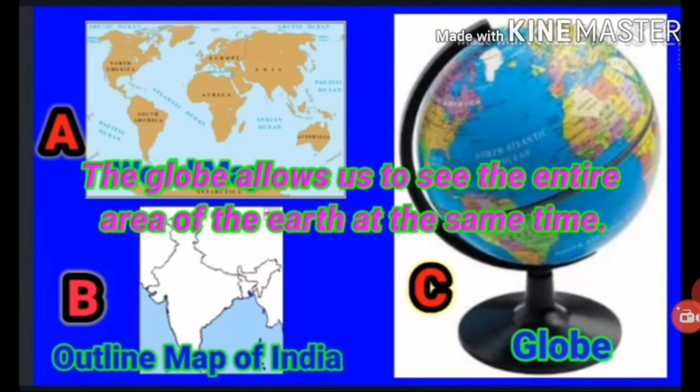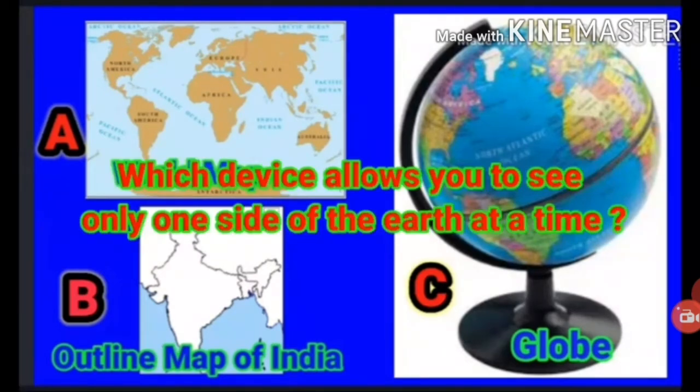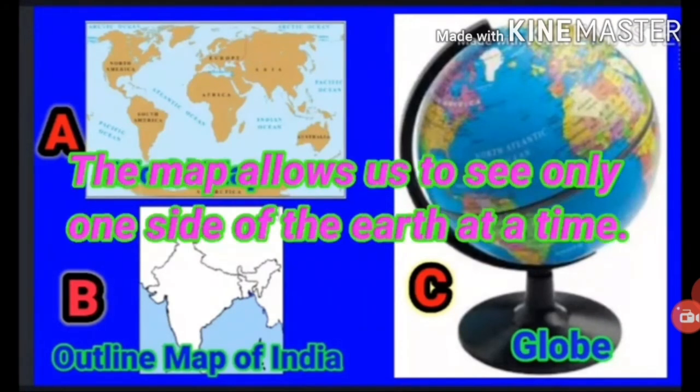The globe allows us to see the entire area of the earth at the same time. Which device allows you to see only one side of the earth at a time? The map allows us to see only one side of the earth at a time.